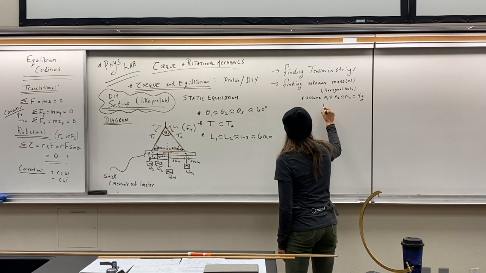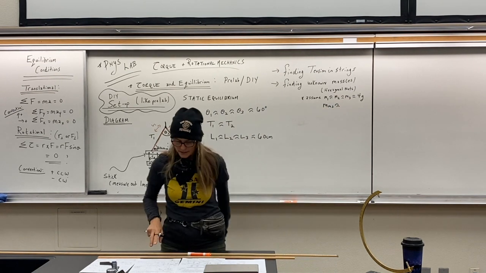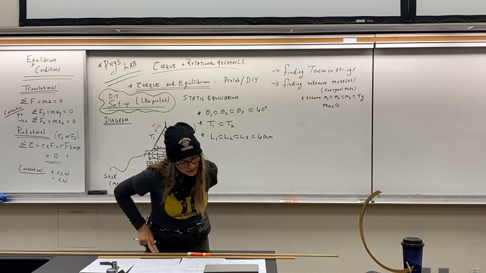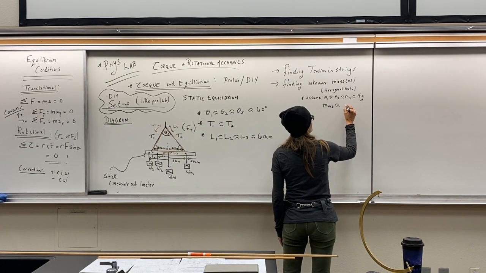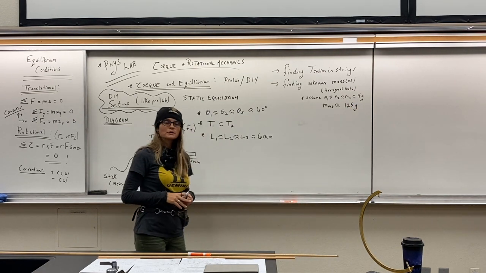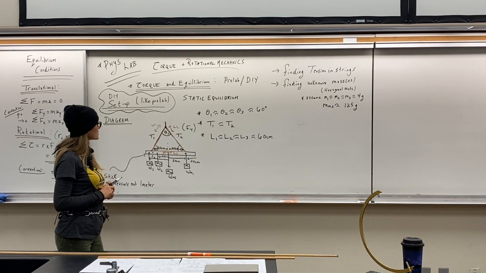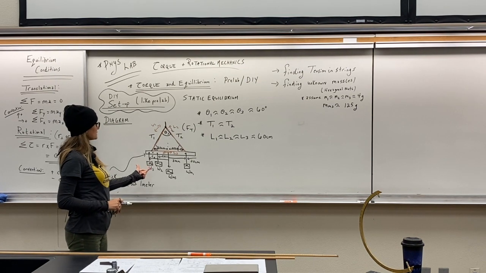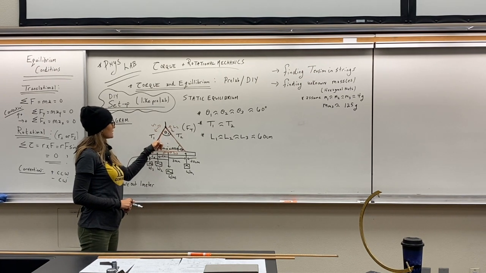The mass of my meter stick is approximately, I do have a number written down, these typically are 125 grams. Okay, that's what we use a lot in our lab experiments. So we have those numbers, and those will allow us to find all these weights. So this will allow us to find these tensions in these strings.